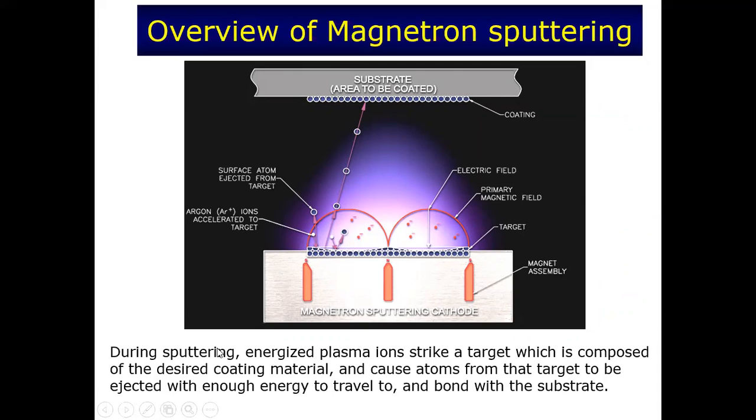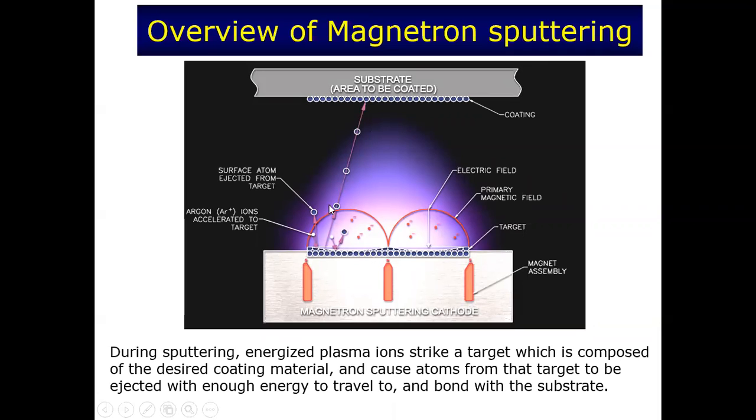Okay? So during sputtering, energized plasma ions, which are argon ions, strike the target, which is composed of the desired coating. The target is made of the desired coating material, causing atoms from the target to be ejected with enough energy to travel to and bond to the substrate.